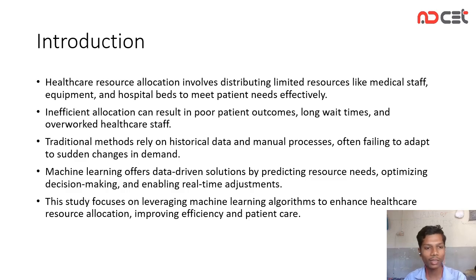To tackle it, we use machine learning, which will help us distribute all resources equally on the basis of hospital need, so no workforce gets more priority or more work. So this study focuses on leveraging machine learning algorithms to enhance healthcare resource allocation, improving efficiency and patient care.